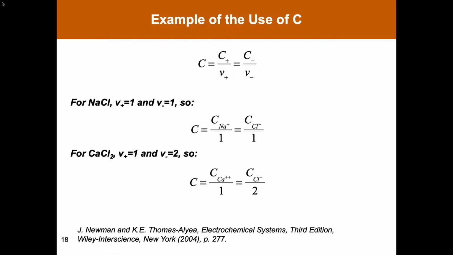So in a 1 mole per liter solution of calcium chloride, the salt concentration that we would refer to as 1 mole per liter, the concentration of calcium is 1 mole per liter, and the concentration of chloride is 2 moles per liter. And this concept of electroneutrality helps us connect these concentrations.